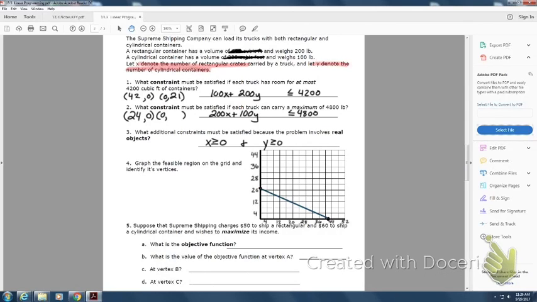Then I would disregard the 200x. 4,800 divided by 100 is 48. These are a little bit easier to figure out. 48 is going to be at the very top left corner. And then 24 is the one between 20 and 28.